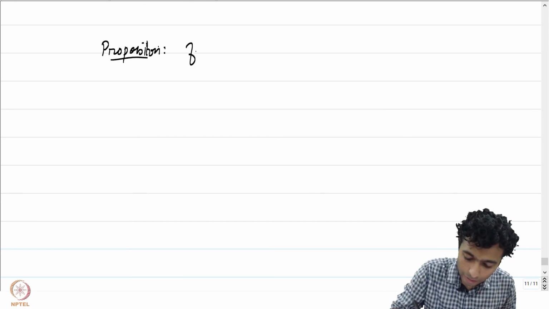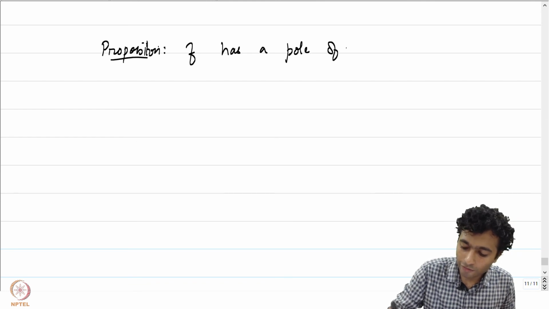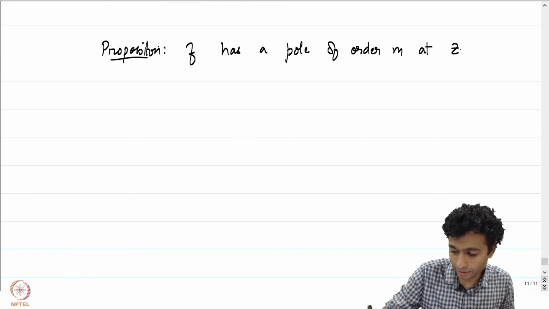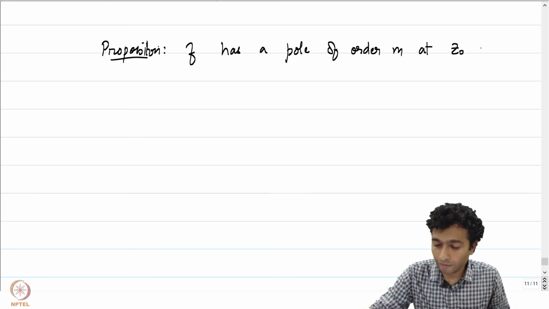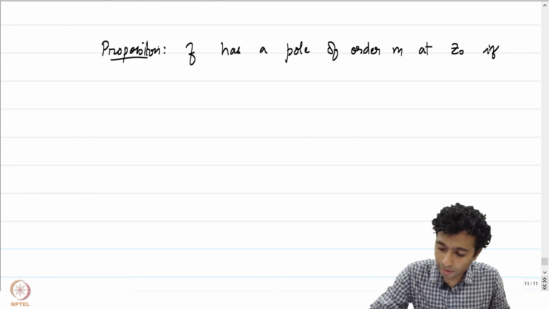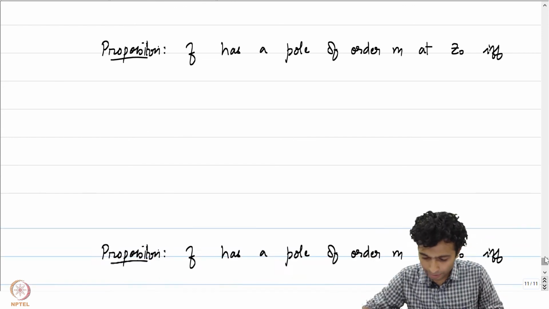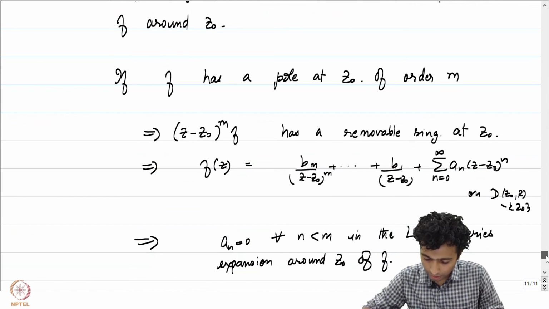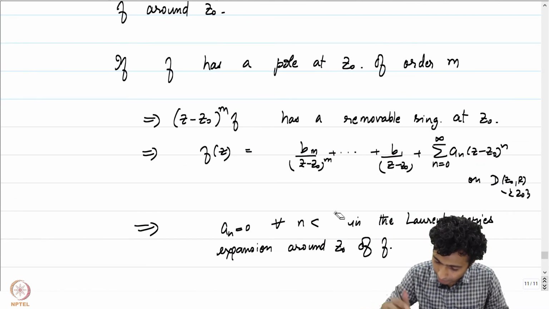F has a pole of order m at z0, where m is some positive number, if and only if. Maybe I should be a little careful when I wrote this here. I hope I have made the right choice.